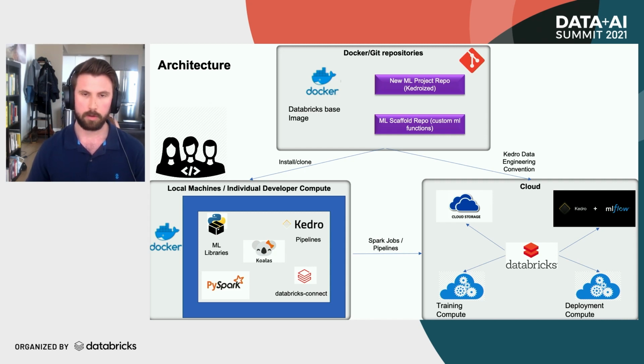They install and clone that Docker image on their local computer, and they can also install what we call a custom scaffold repository. The scaffold consists of proprietary, custom ML functions that we built and use over and over. It also gives you all the dependencies with all the same versions to keep the versions consistent across all developers.